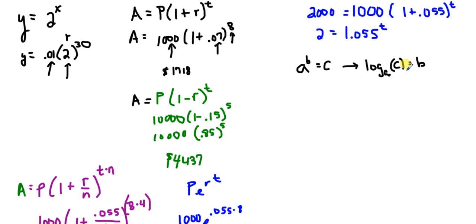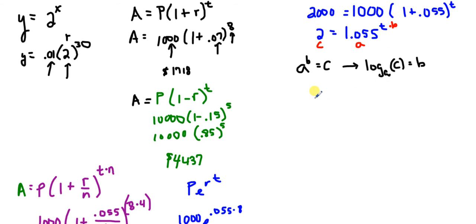So now c becomes the number we're taking a log of, and b, our exponent, is what it equals. So we can solve for t. If you look at this problem, c is 2. This is my c. 1.055 is my a, because it's a to the b, and so t is my b. That's not multiplying, that's just b. So a to the b equals c.